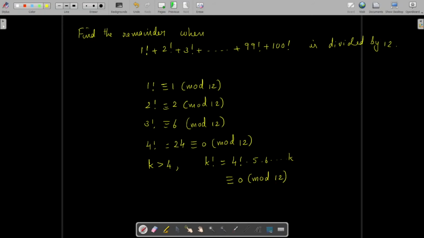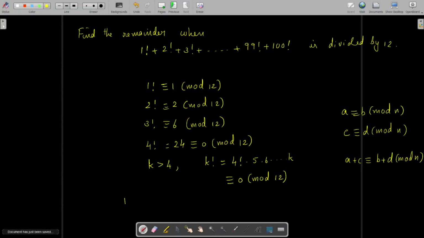Now we will use the basic property of congruences. If A is congruent to B mod n and C is congruent to D mod n, then we can write A plus C is congruent to B plus D mod n. So we can add the left hand sides, and it will be congruent to the sum of the right hand sides.